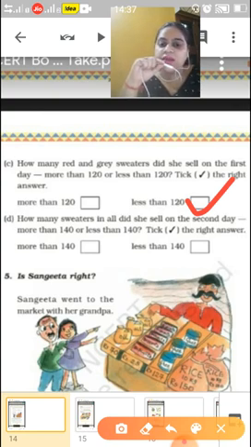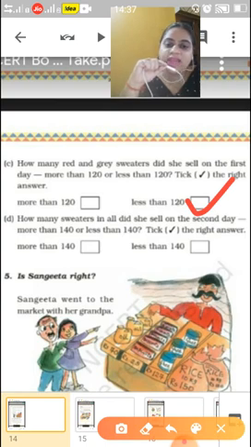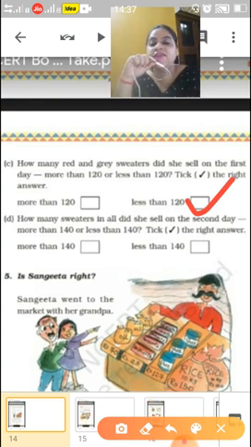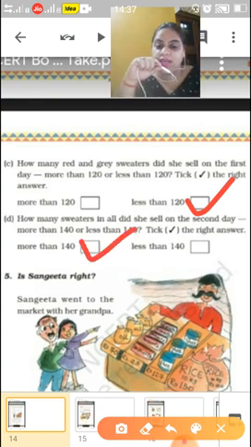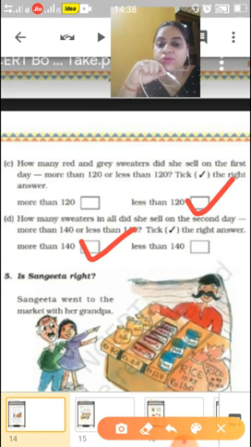How many sweaters in all did she sell on the second day? More than 140 or less than 140? So children, your answer is more than 140. Next day when they are selling together, that is more than 140 on the second day.